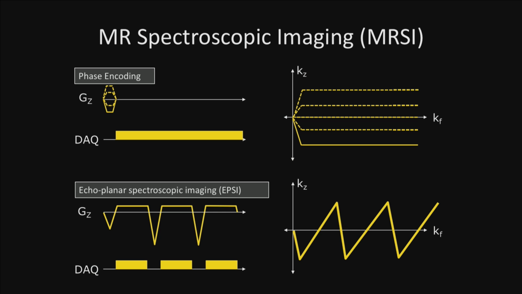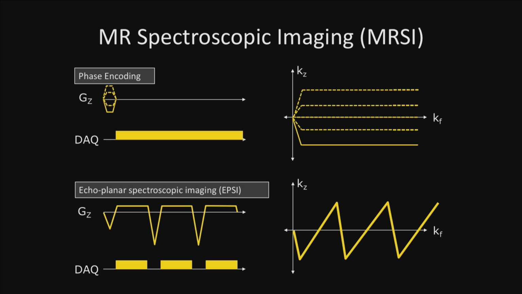One of the most common ways to accelerate a spectroscopic imaging strategy is what's called EPSI, or echoplanar spectroscopic imaging, where we play an oscillating gradient in one direction. That moves us up and down, back and forth in our spatial encoding direction. And if we consider the spectral effects of precession due to different frequencies, that constantly moves us along the spectral encoding direction.